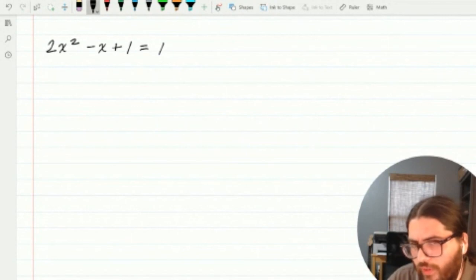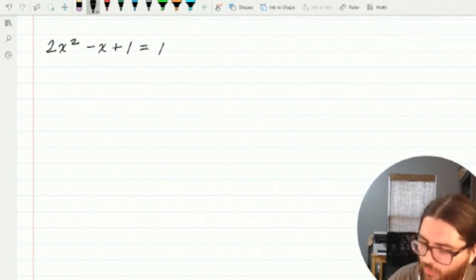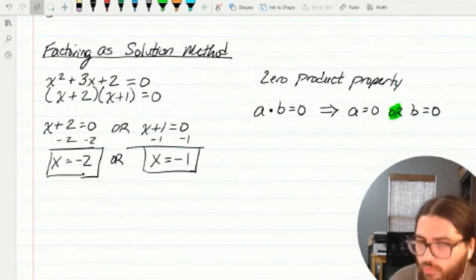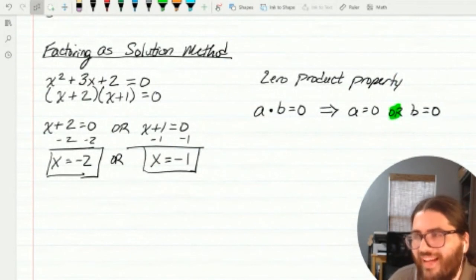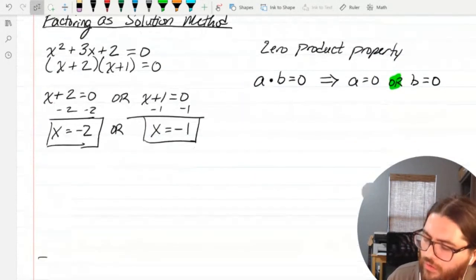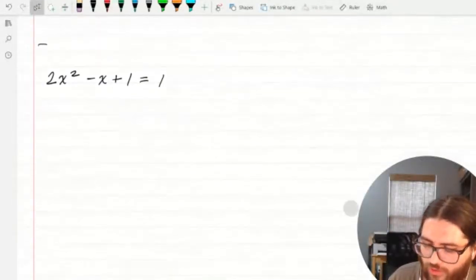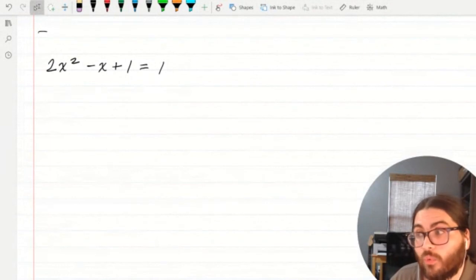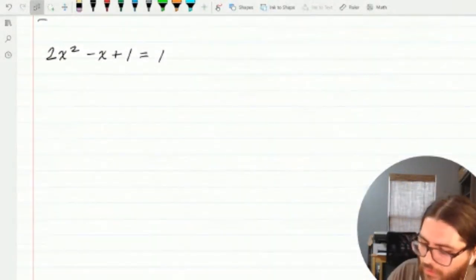The reason why I don't do that is because remember back up here in the zero product property, I had to have two things multiply together to be zero for that to work at all. So I wouldn't even try to factor this before I made it equal to zero.